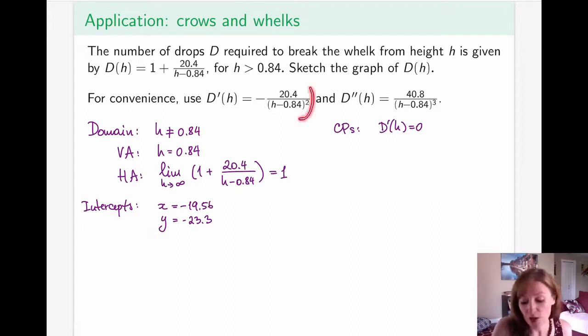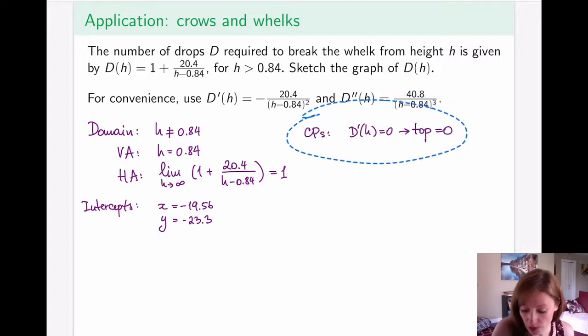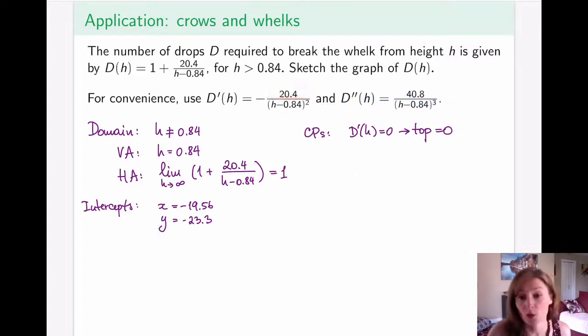If I give you a fraction, when is the fraction ever 0? The fraction is only 0 when the top is 0. So in this case, this will correspond to the top being 0. Now the top here is minus 20.4. That's never 0, which means that this produces no solutions.